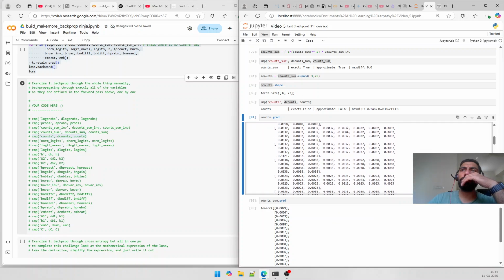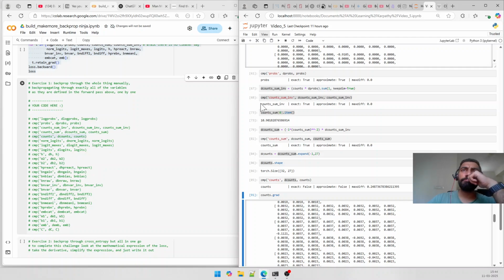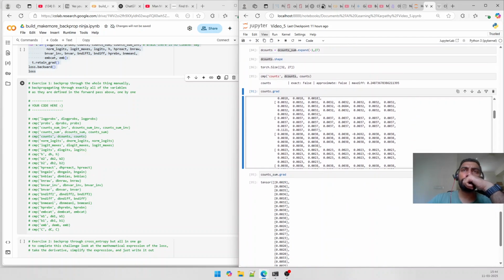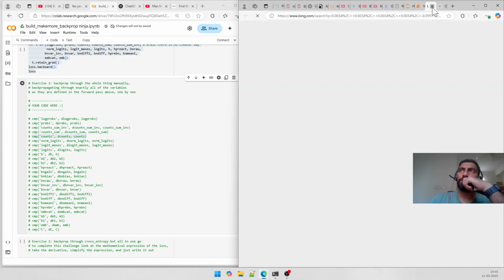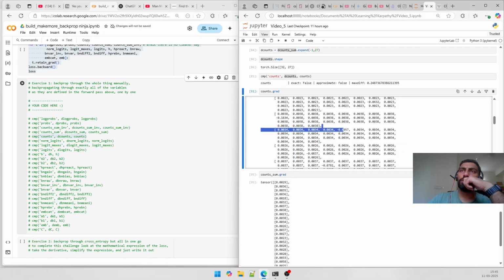Okay. So some of the values are changing inside of this. All are not equal. See here. If you see, this right here is a change. It's -0.